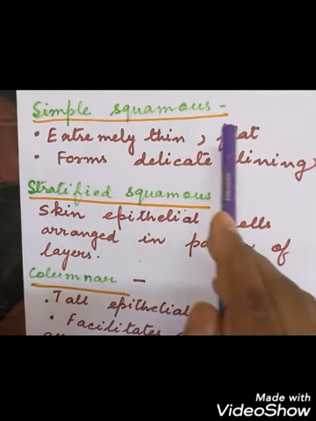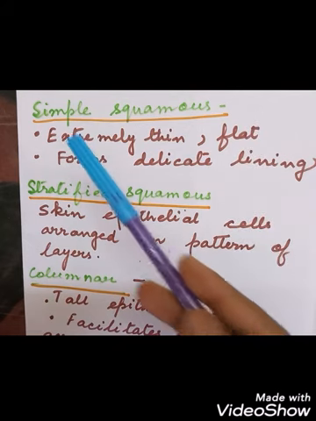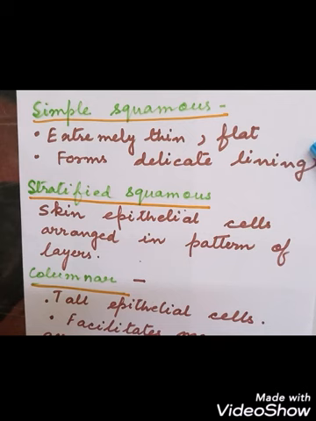See here, simple squamous epithelium. These cells are extremely thin and flat, and they form the delicate lining. So where should they be present? In the inner lining of the esophagus, that is the food pipe, the lining of the mouth also, and the skin. These are all made up of squamous epithelium.